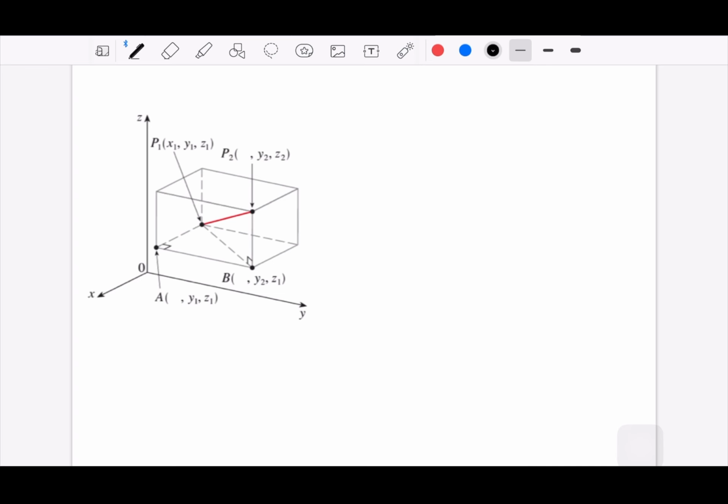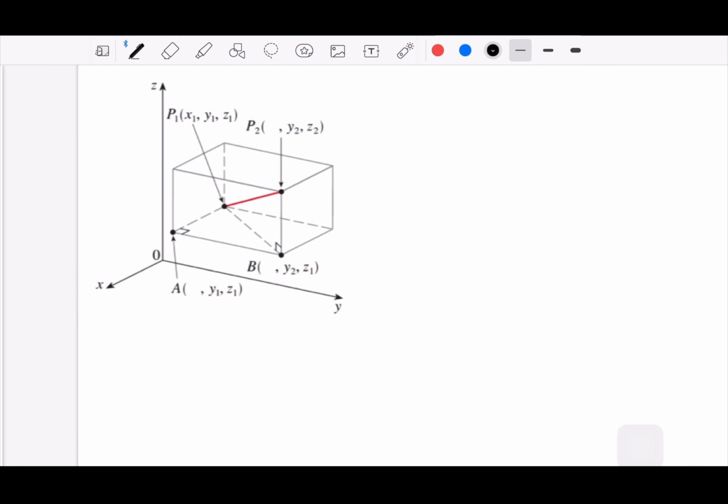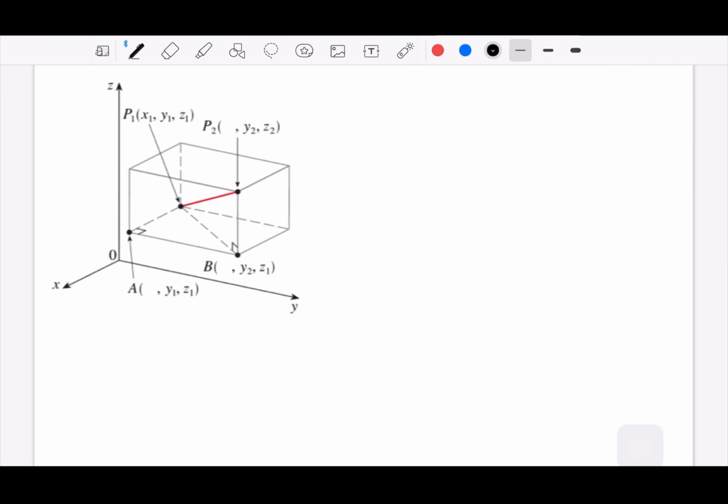So if you look at this shape here, you see some points, and if we deal with P1 and P2, P2 is this, x2. Why did it disappear?